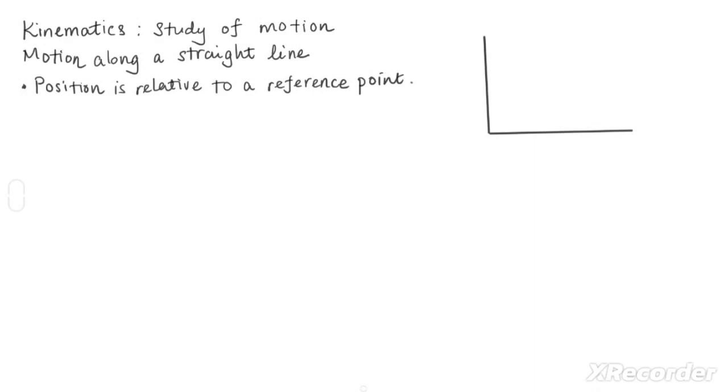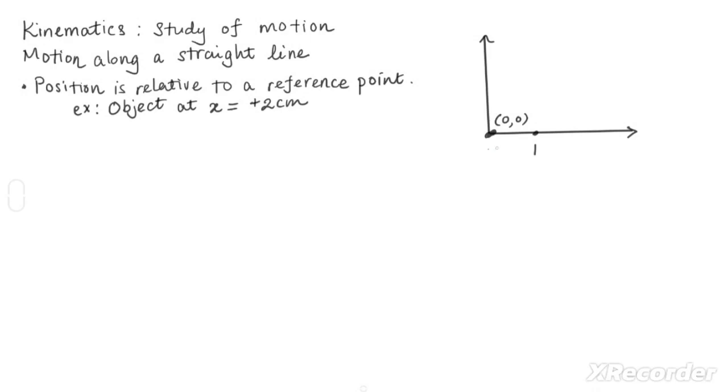So for example, let's say we have an object at x equals positive 2 centimeters. So if we look at x and y coordinate system, we have this position as our origin, which is 0, 0.